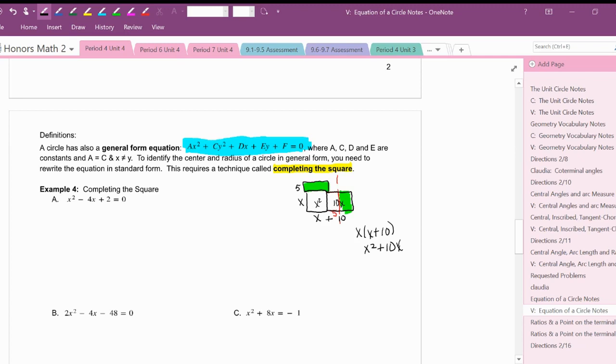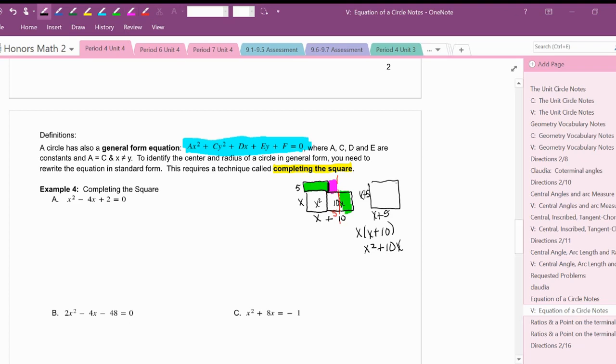Now, to get this to be an x plus 5 by an x plus 5 square, I need to complete the square. Because right now, this is missing. I took the green one and put it over here.